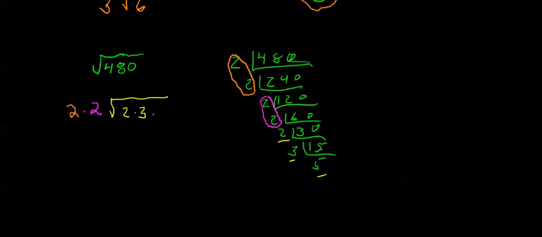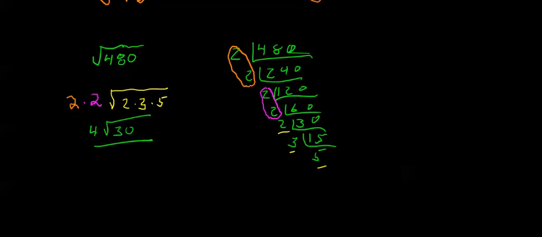No pairs. They go inside the radical. And I'm left with 2 times 2 is 4, and the square root of 30. That's my answer. All we're doing is splitting it up into prime factors.